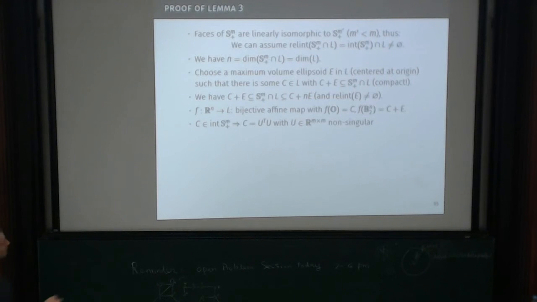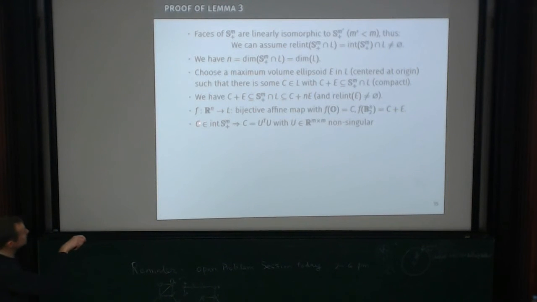Then we observe that C is contained in the relative interior of our spectrahedron, because C plus the entire ellipsoid E is contained in our set.